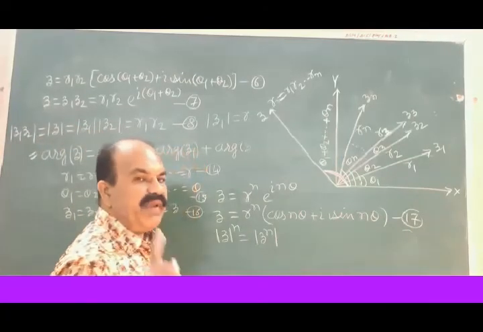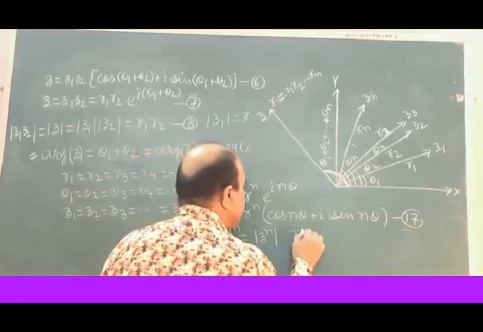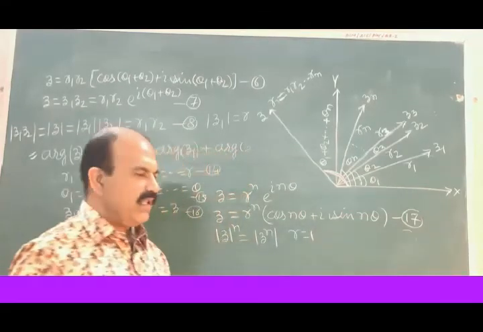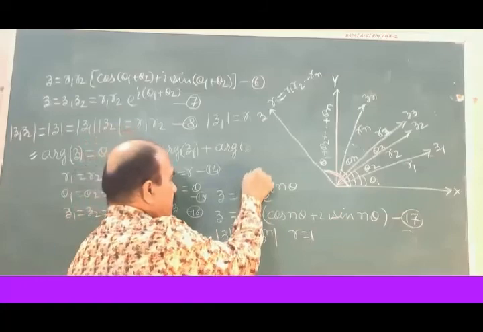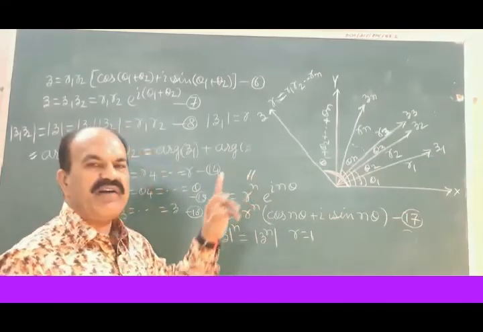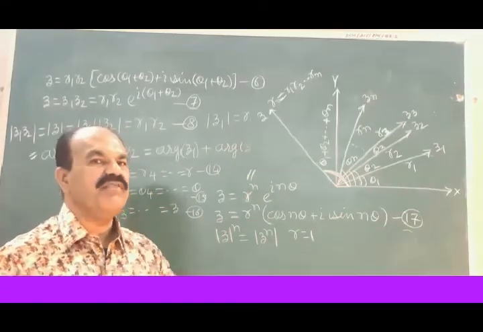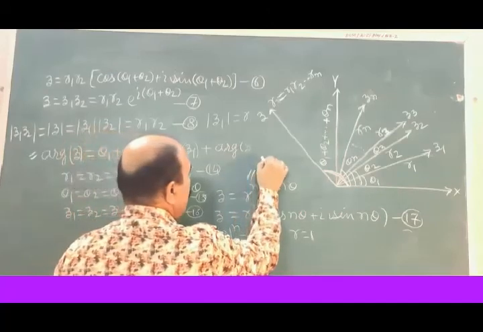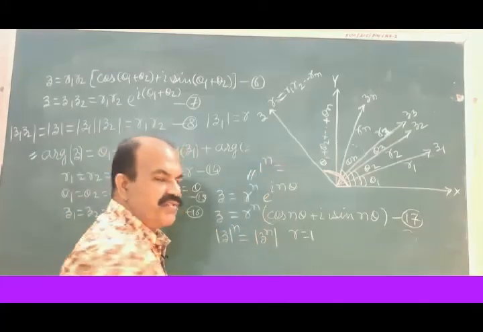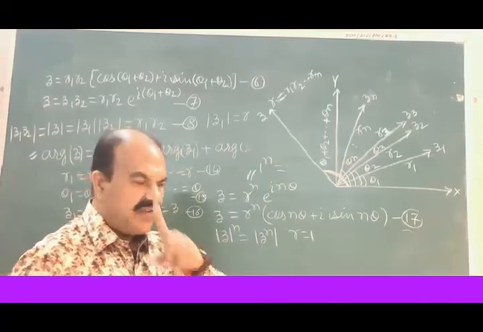Further, if we make one more assumption that r is equal to 1, what should be this r to the power n? It will become 1 to the power n. And what is 1 to the power n? 1 to the power n is 1.